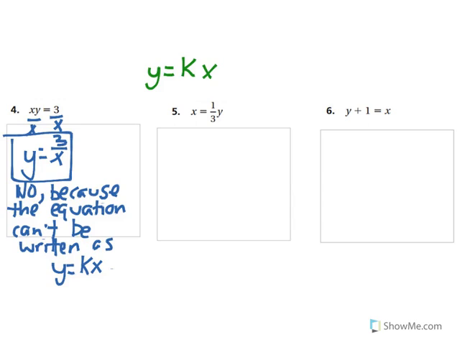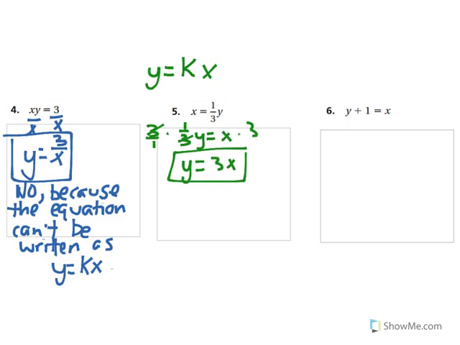Here we have x equals 1/3 y. So I'm going to go ahead and reverse this because I want to have my y on the left. So I'm going to have 1/3 y equals x. And I'm going to multiply both sides by 3, because that cancels out that 1/3, right? And it gives me y equals 3x, and there you have it.